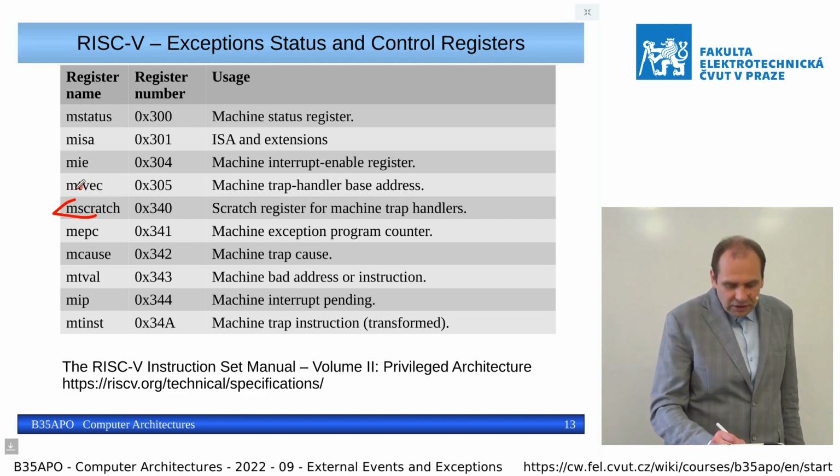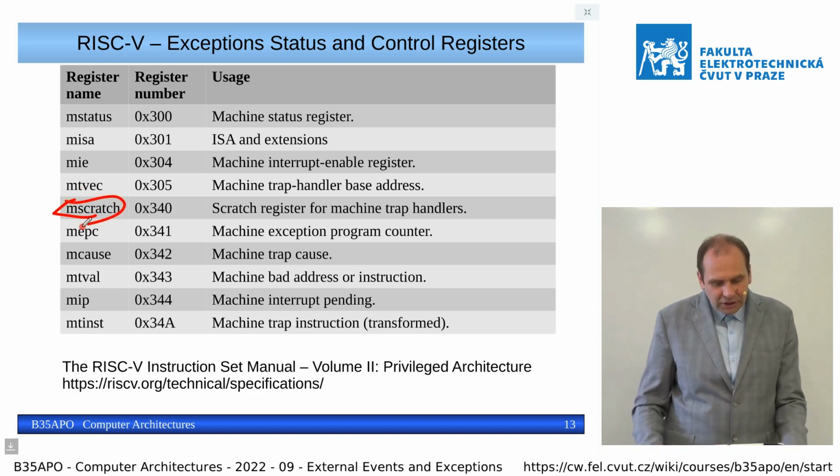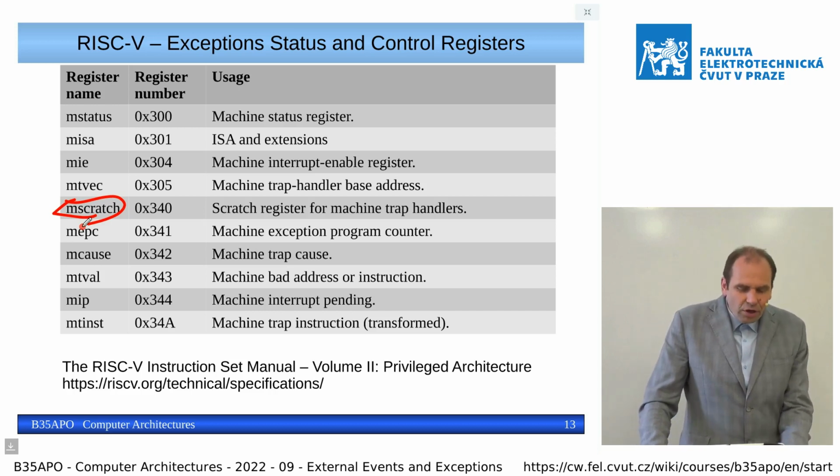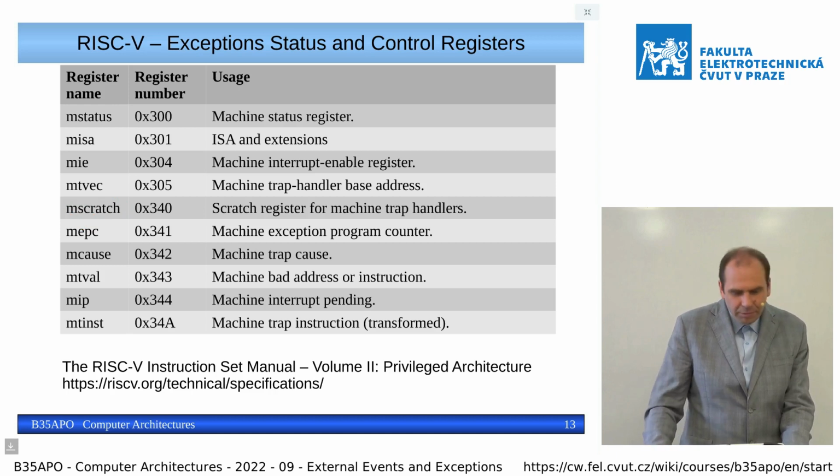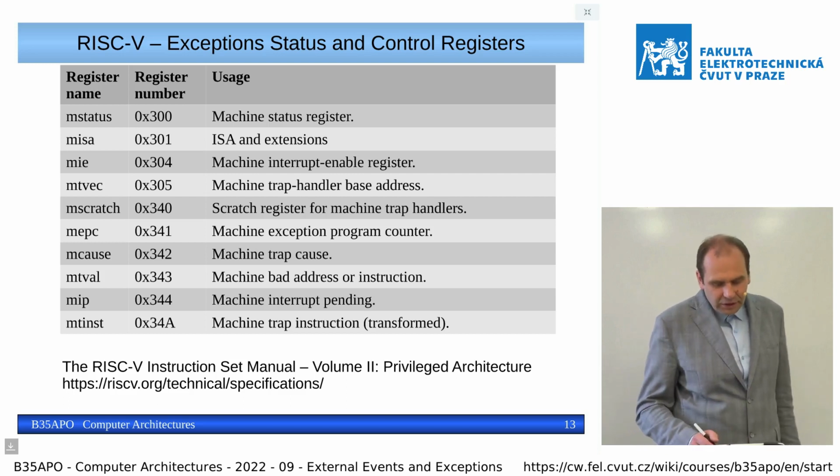So for this reason, we have a special register which is used only to temporarily store the value, or maybe even longer, of a single general purpose register, which allows us to set that register to the address where we store the state of the other registers.